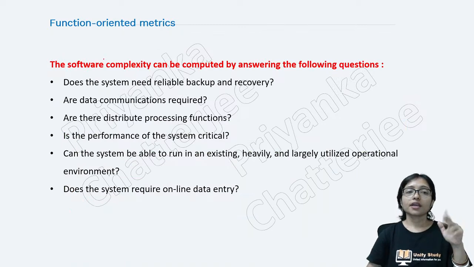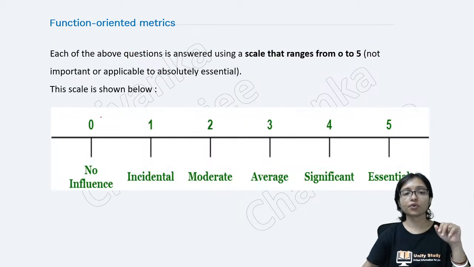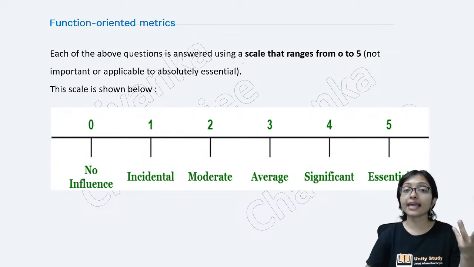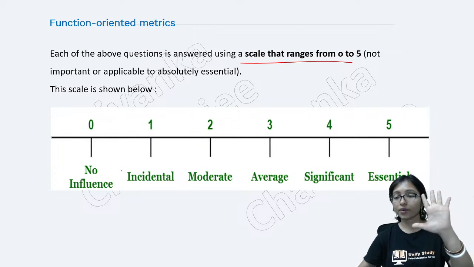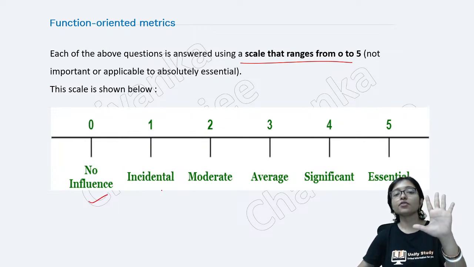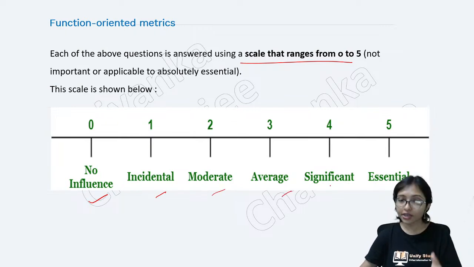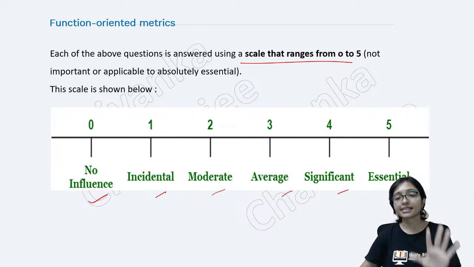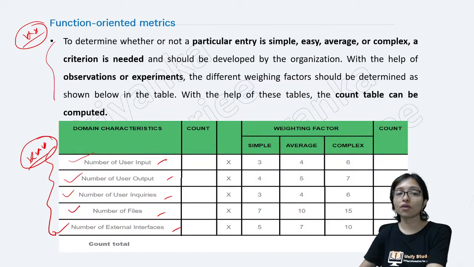Here these are the computed questions and all. Here you can see the scale. There are five scales of function oriented metric. What are the five scales? No influence, incidental, moderate, average, significant, essential. These are the scales you give for everyone.